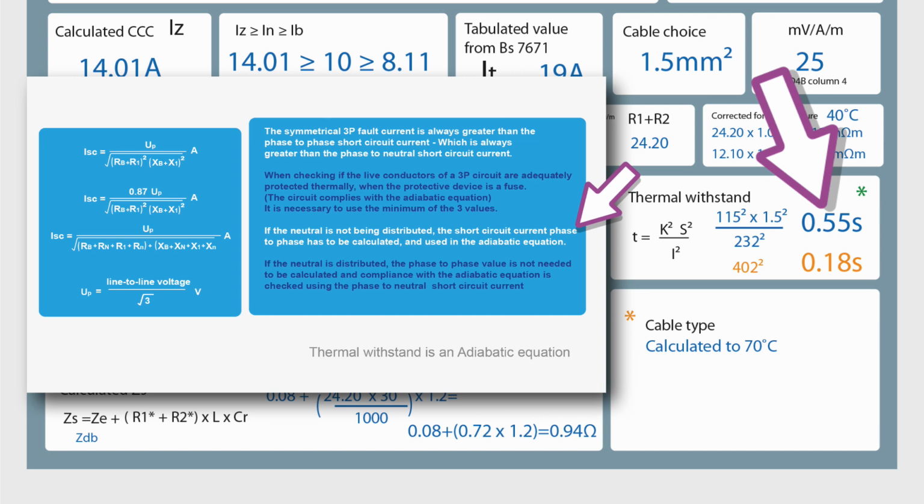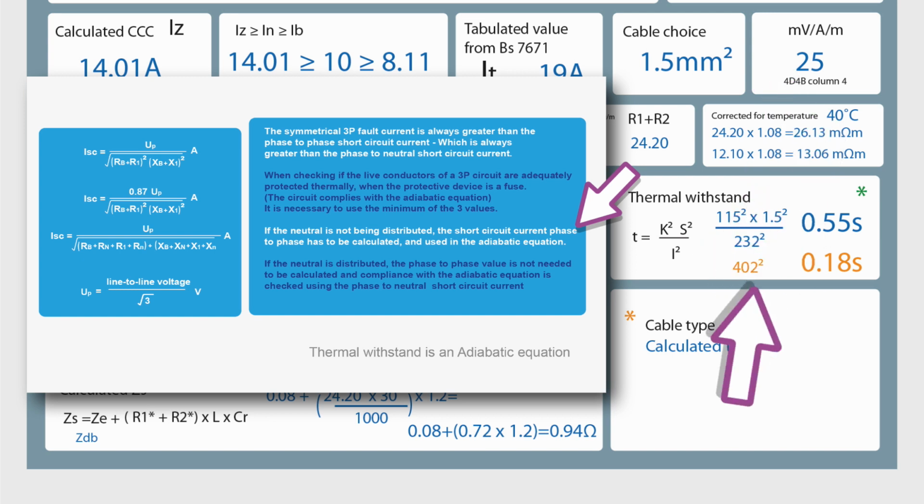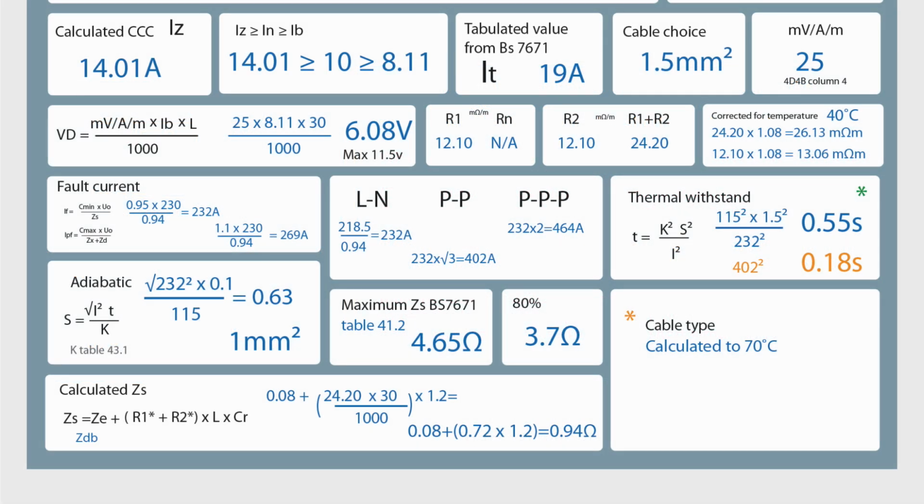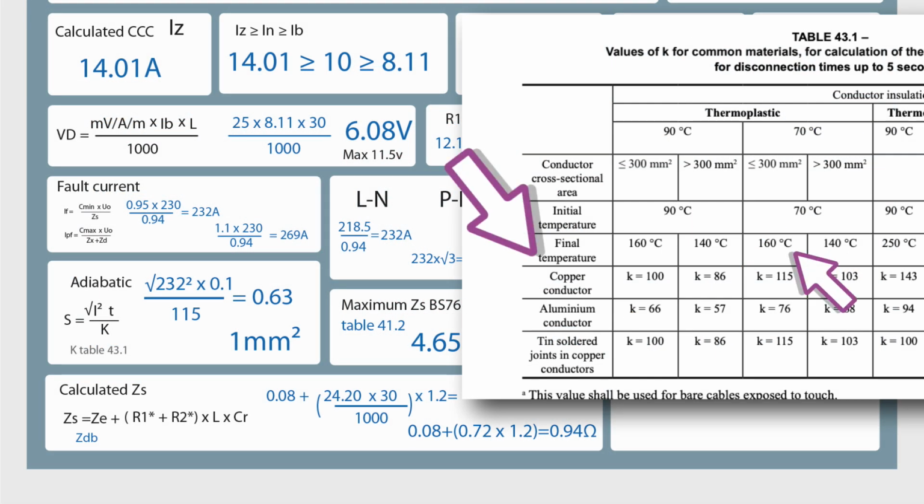We haven't got neutral, so we need to use the phase-to-phase fault current. And in the basic example, that's 402 amps, which brings our thermal withstand down to 0.18 seconds. But because that's a higher fault current, it's going to trip within 0.1 of a second, or like 0.01 of a second. So the protected device will operate before the final temperature of the cable has been reached.